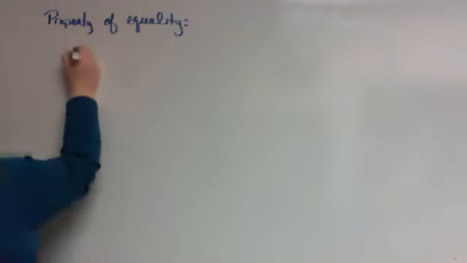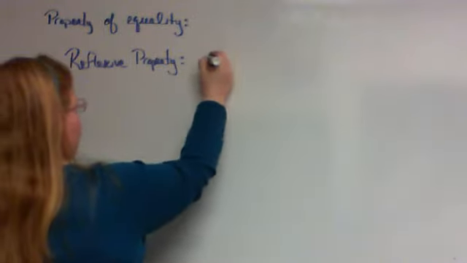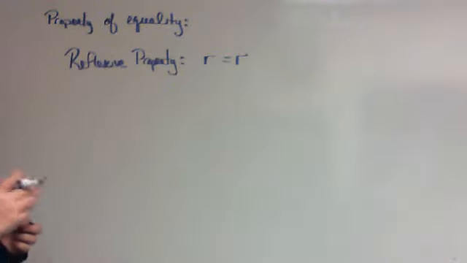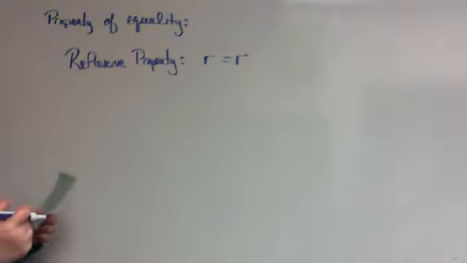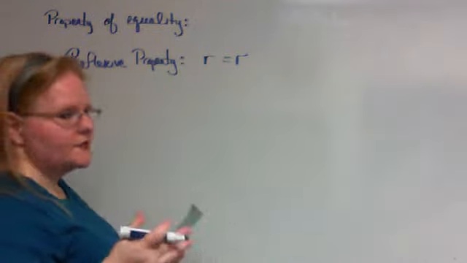You have the reflexive property, which says R is equal to R. And they use R because it starts with reflexive. Same thing if A is equal to A, B is equal to B, C is equal to C, etc., etc.